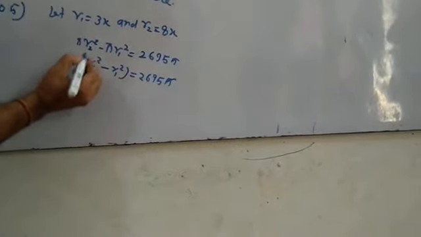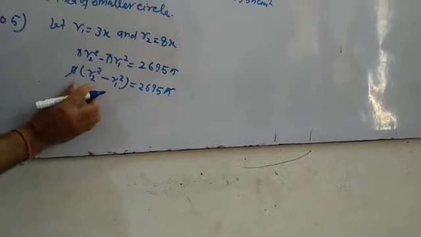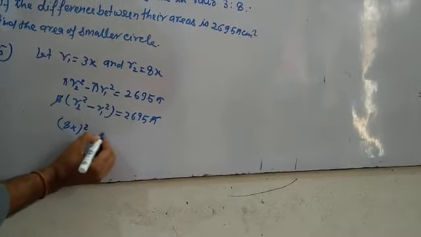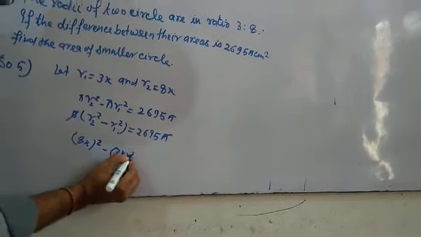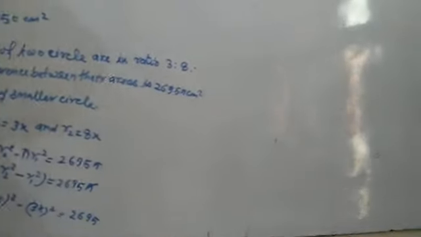Here r2 means (8x) square minus (3x) square equals 2695.